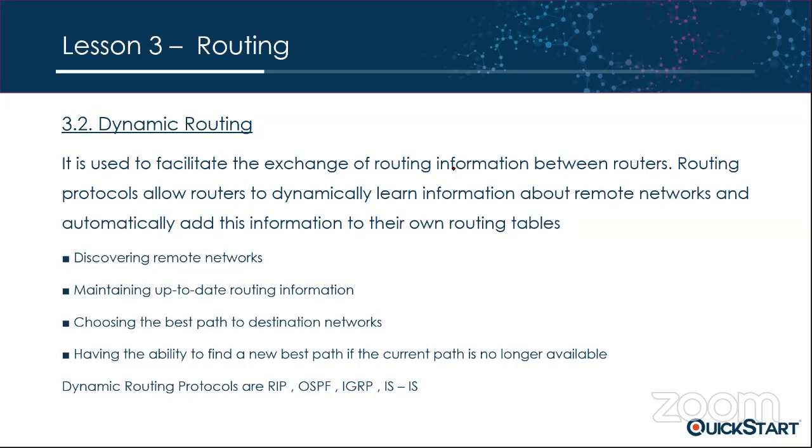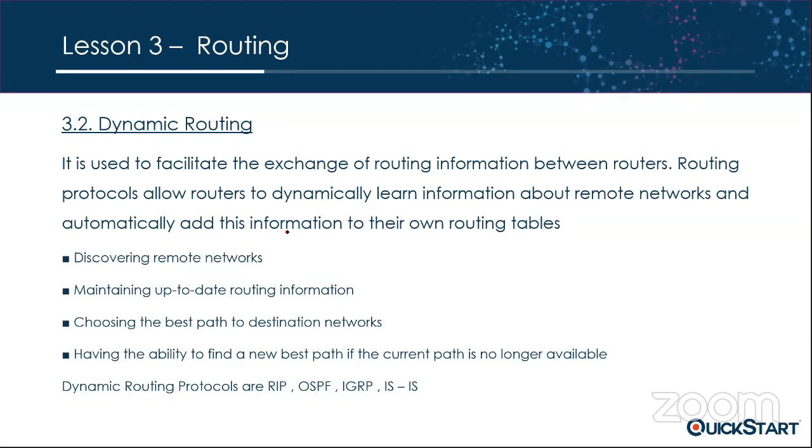So it automatically exchanges. You don't need to configure every router. You just enable the protocol which you want to use, based on their statistics, like their metrics. Every protocol has different metrics. We're going to discuss it.